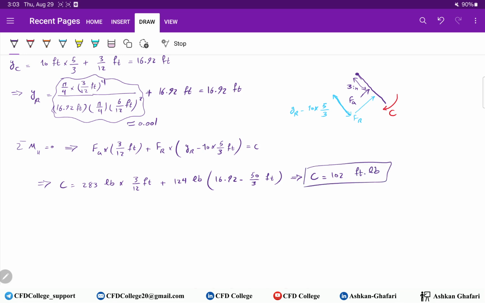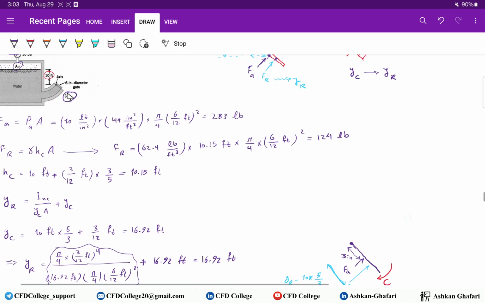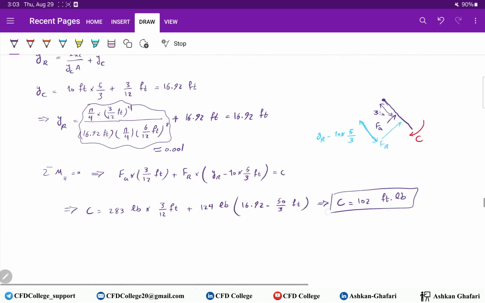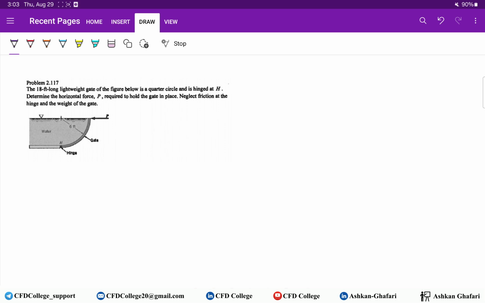This is the moment we need. It's a bit difficult, I know that, but the most difficulty I think is in finding the dimensions due to the angle. Let's see what we have. Okay, another problem.